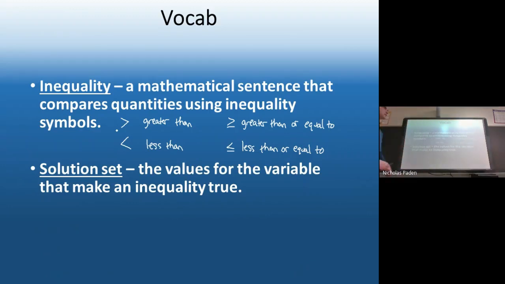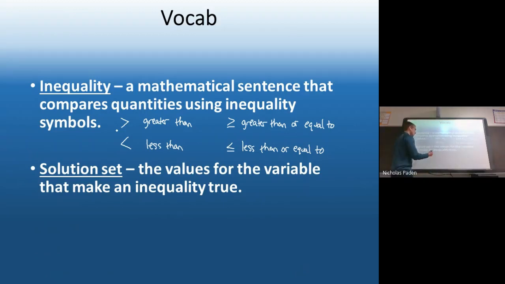And then the other difference is whenever we were solving equations, we just got a solution. It was just one number that was the solution. Well, for inequalities, we're going to get what's called a solution set. A set is a collection of numbers. The reason why it's a solution set is because it could be an infinite amount of numbers.